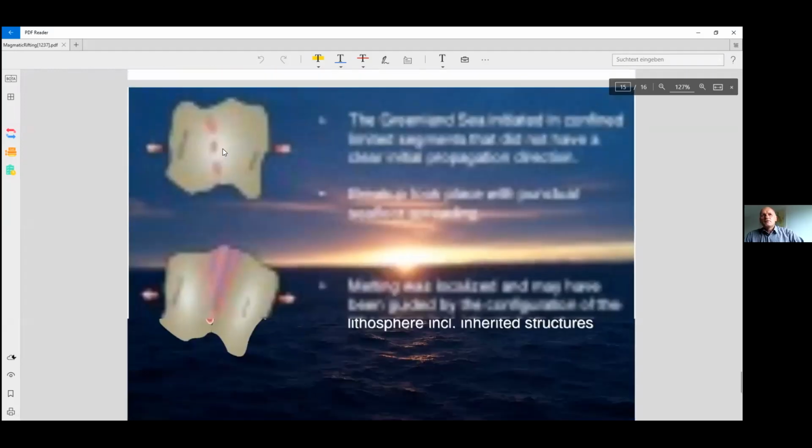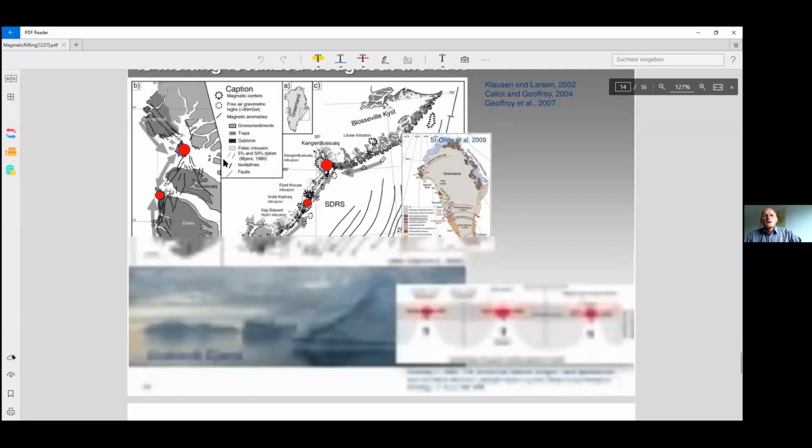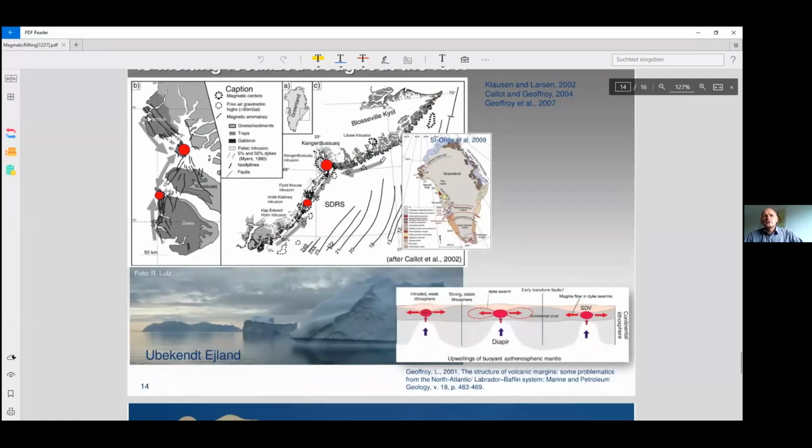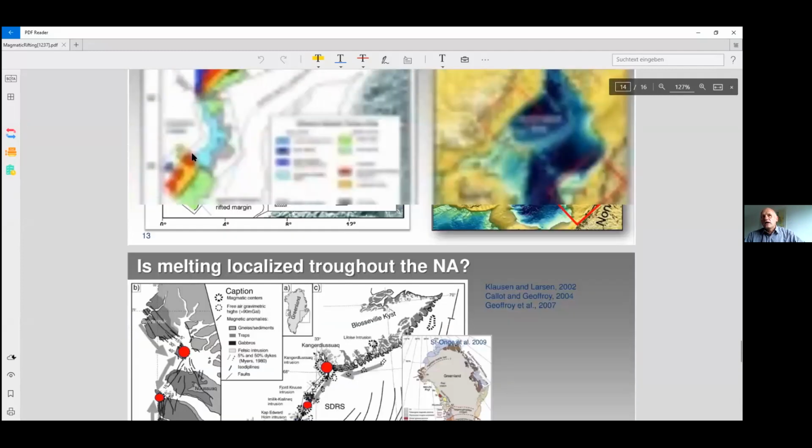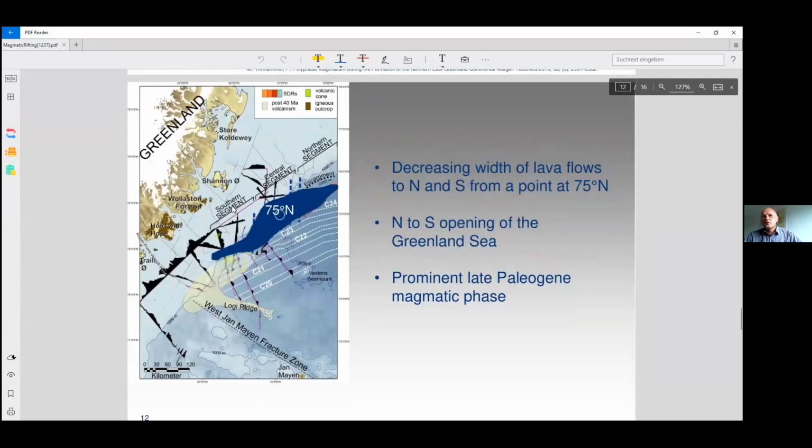Well, if you compare the size of the margin with these onshore outcrops here, what we have studied is exactly the same size of the margin. And here we are pretty confident that there are just two of such centers. So I would speculate that this is caused by one, two, maybe three centers that are the origin of all these SDRs and flow units at the margin.